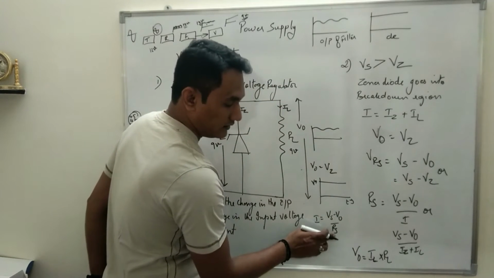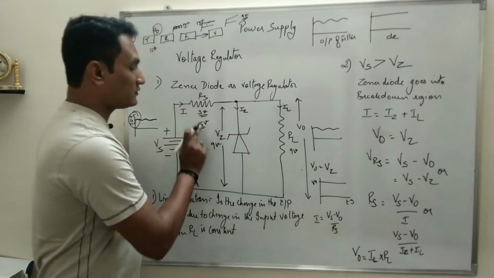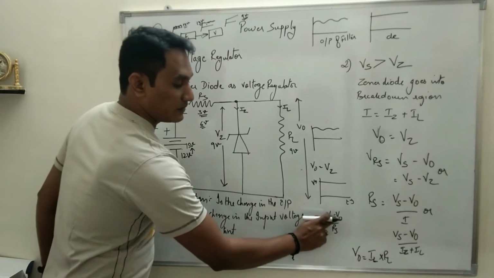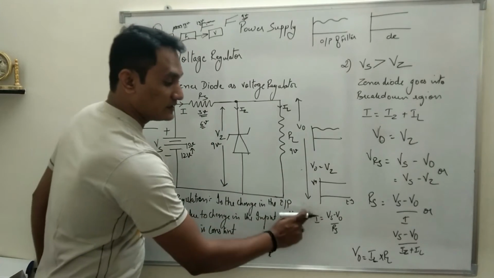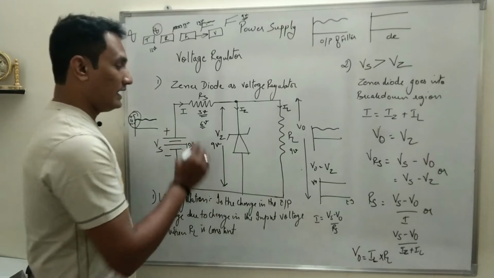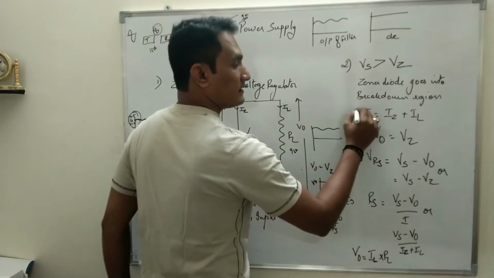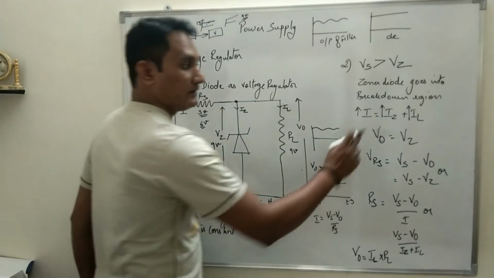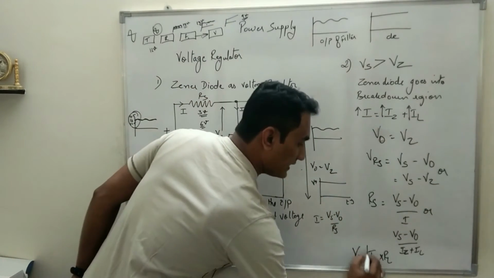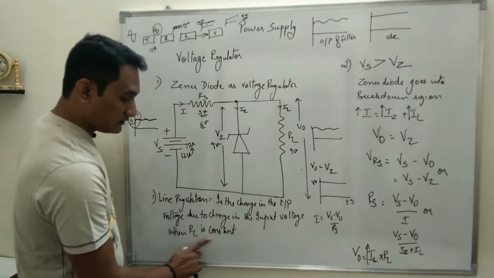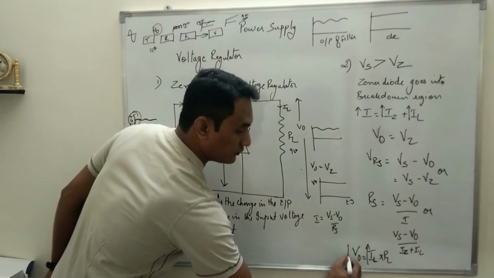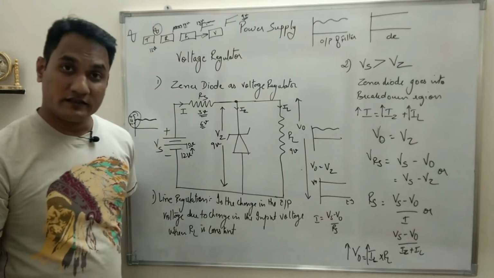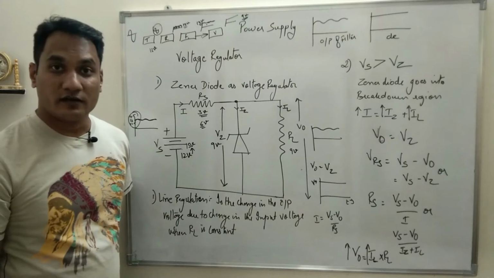RS is constant. Vs minus V0 first was 3 volt, and when the input was increased, Vs minus V0 has become 6 volt. That means I will increase. And if I increases, Iz and IL both increase. And if IL increases, we said RL is constant, so the output voltage will increase. But we have designed a voltage regulator, the output voltage should remain constant.